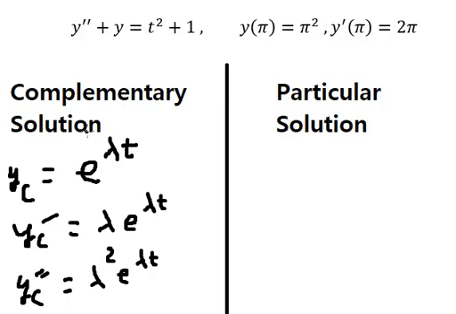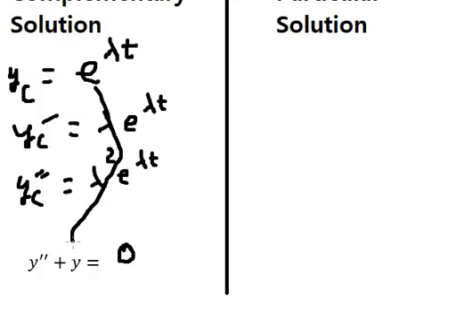This equals 0 because this is the complementary solution. So I will substitute in: we have lambda squared e to the power of lambda t plus e to the power of lambda t.